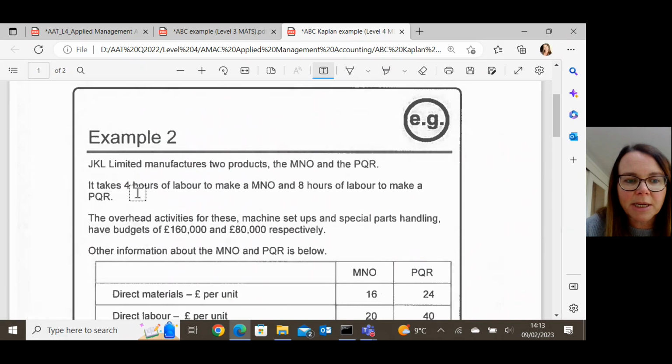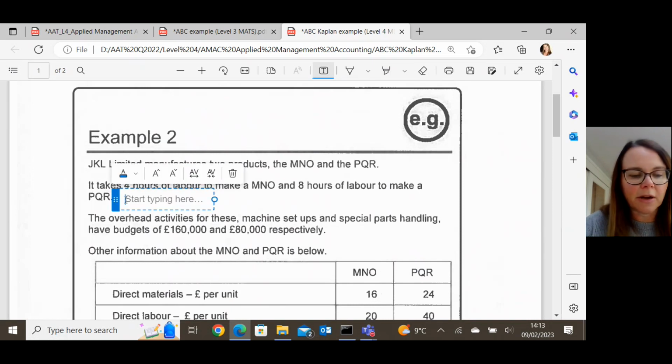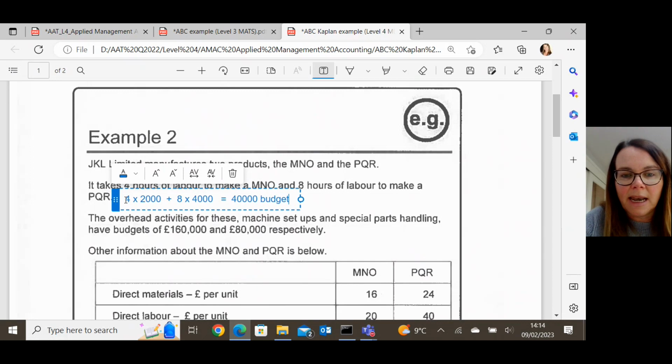So I'm just going to work out my total labour hours. 4 for MNO, and I've got to make 2,000 of those, and then I'm going to add that to my 8 hours for each of 4,000 PQRs. So altogether, I know that I am budgeting for 40,000 labour hours.